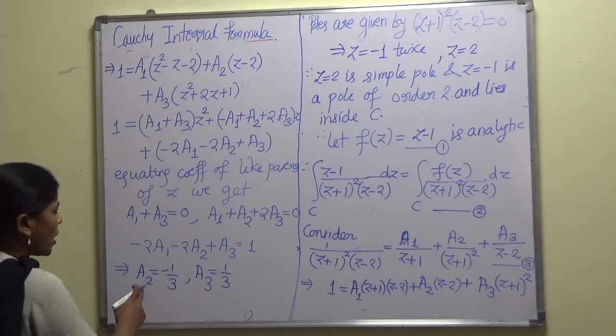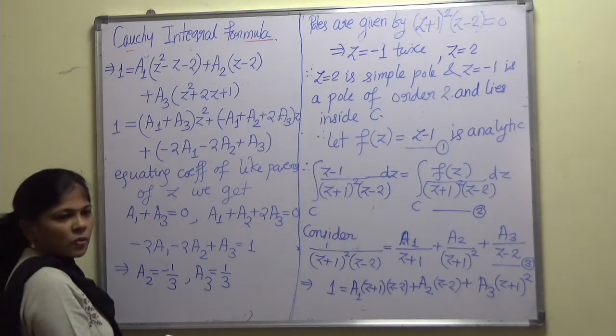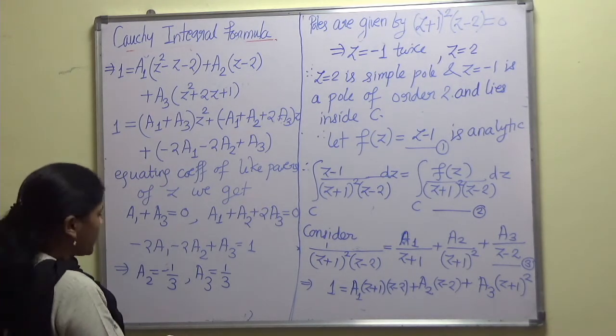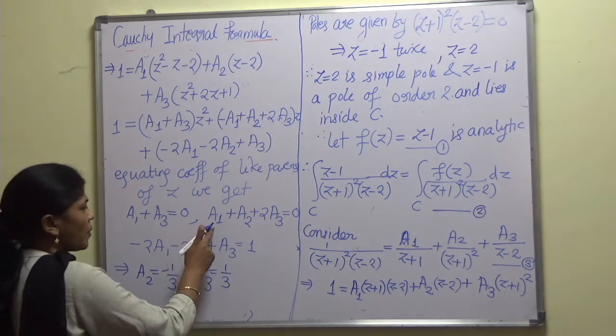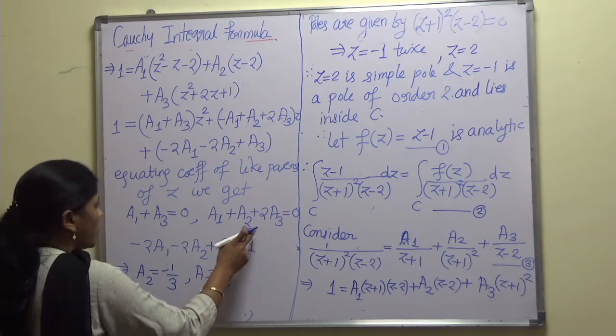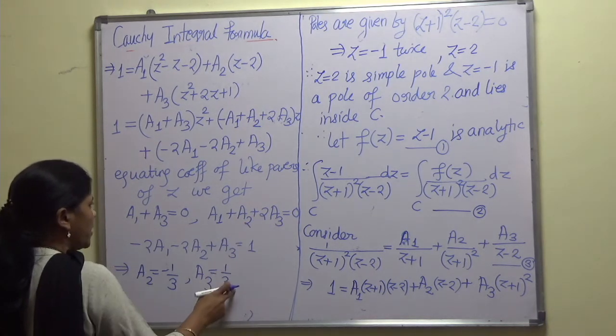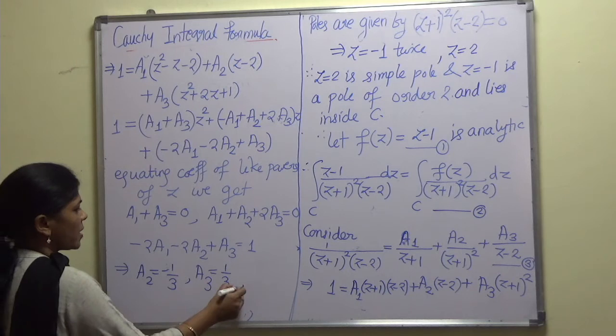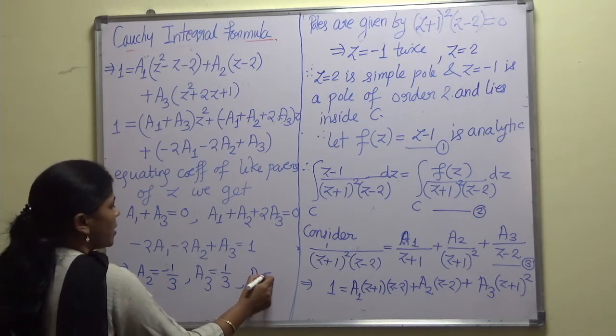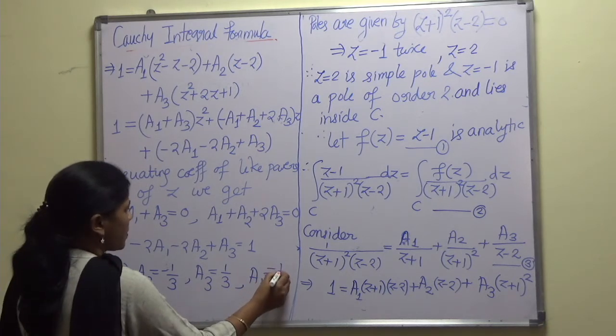Right? So now we have a2 and a3, so we can get a1. So what is that? So put a2 and a3 over here, so what you will get? 2a3, so 2 by 3 minus 1 by 3, 1 by 3, so what you will get is a1 is minus 1 by 3.